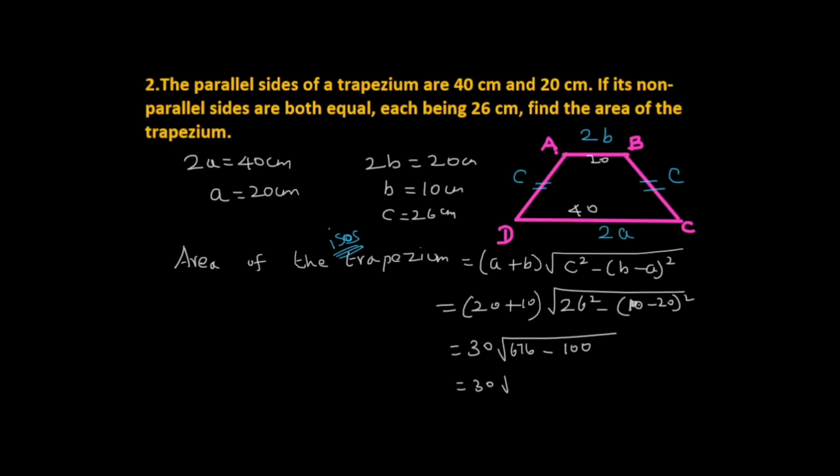Then 30 into the square root of 576, so 30 into 24, which is 720 centimeter squared.